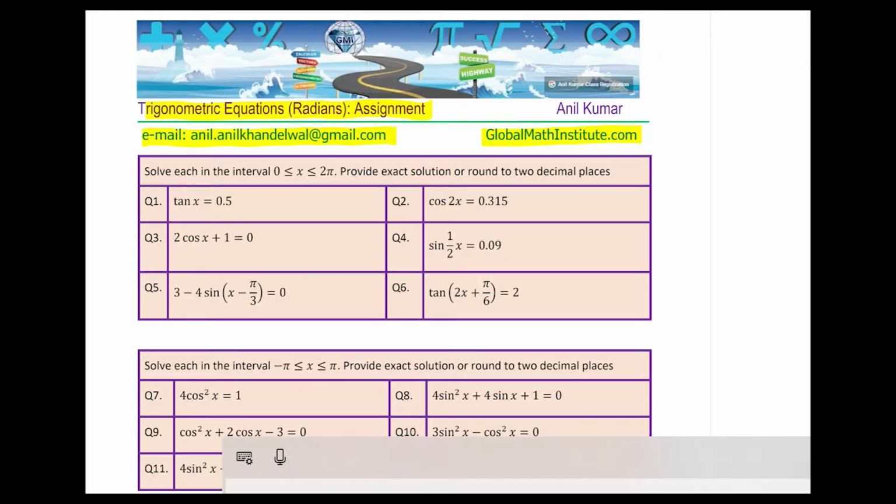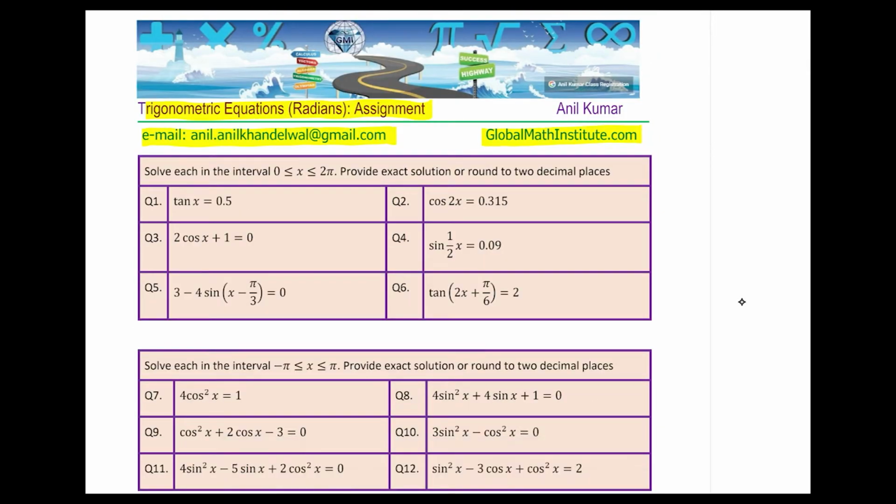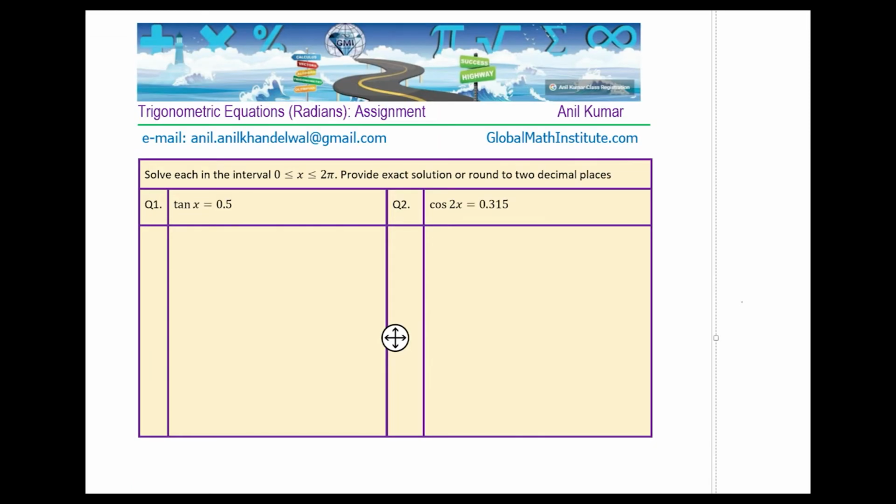Now, with that in mind, let us begin to look into their solutions. First things first, since we are looking into radians, your calculator should be in the correct mode so that you get all your answers in radians.